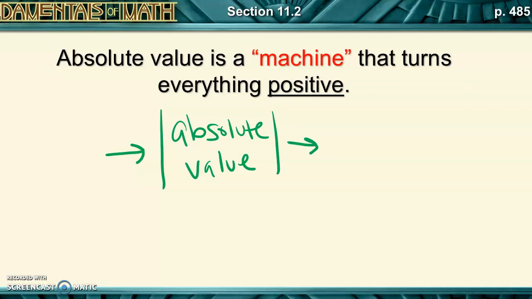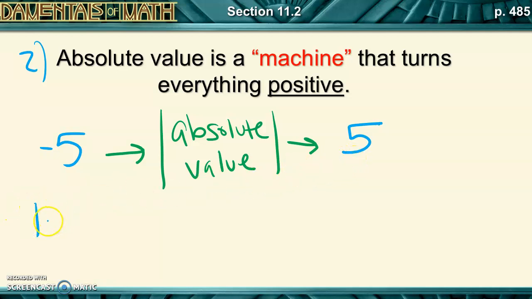Way number 2 that we should think about absolute value: absolute value is a machine that turns everything positive. Here's what I mean by that. You can take any number like -5 and put it in the absolute value machine, and it will turn it positive. -5 becomes +5.